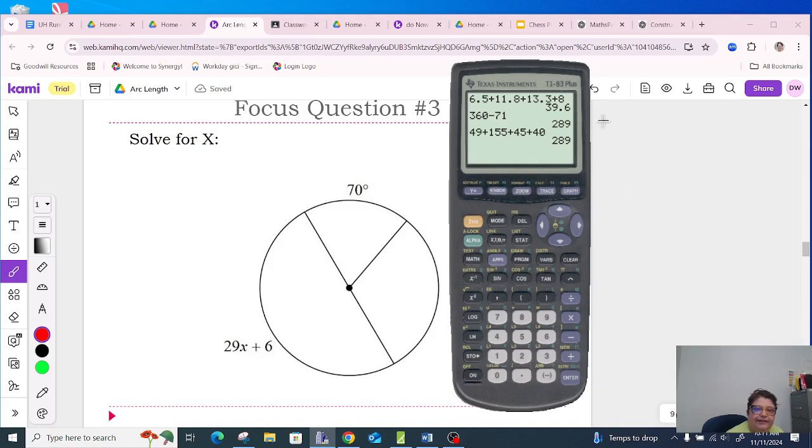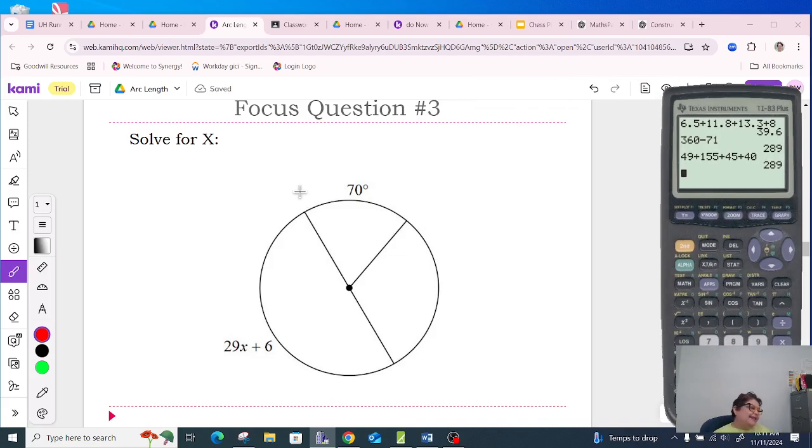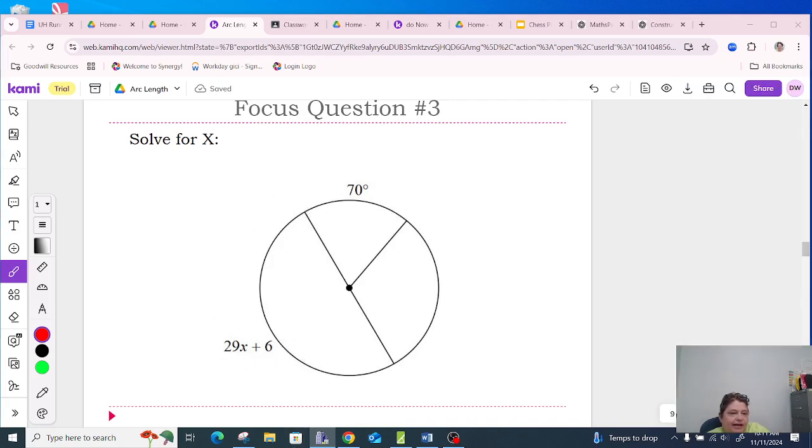Okay, now over here. What do you think happens when you have a diameter? It cuts it in half, right? Diameters cut circles in half. So this side would have to equal 180 because this is a diameter, and so it cuts the circle in half. If you take 360 and divide it by 2, you get 180.